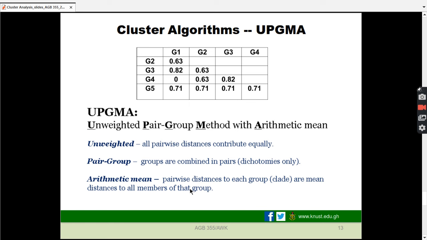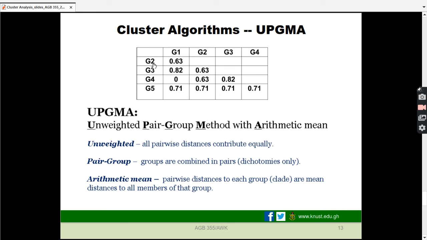So let's see the UPGMA. These are the distances. The unweighted means all paired distances must contribute equally. And then paired groups are combined in pairs.